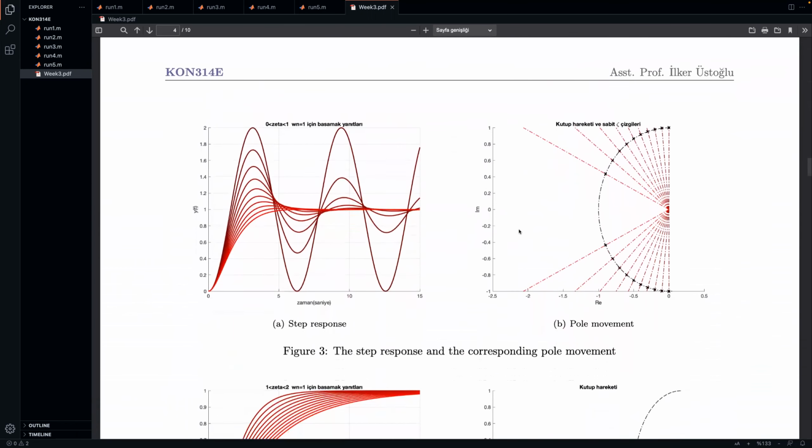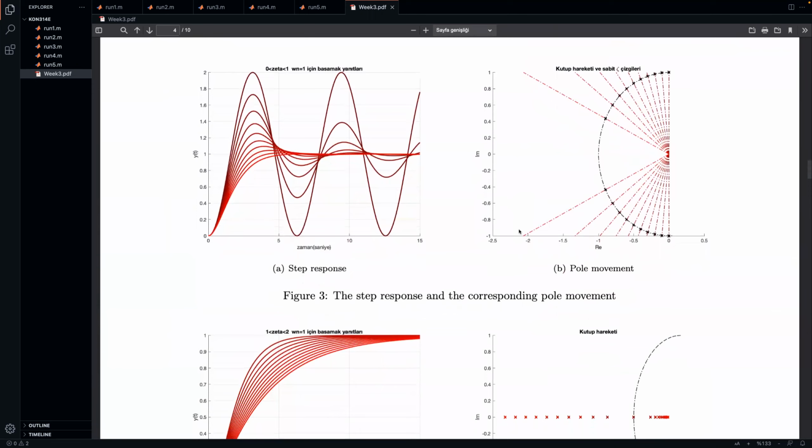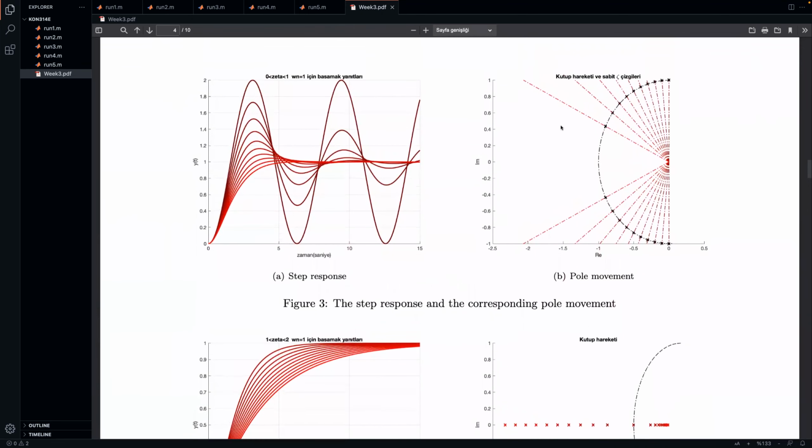Then we analyzed a second order system, and we've seen that for a parameter called zeta, which is the damping ratio, if it's between 0 and 1, then the behavior of the system is decided by this parameter.